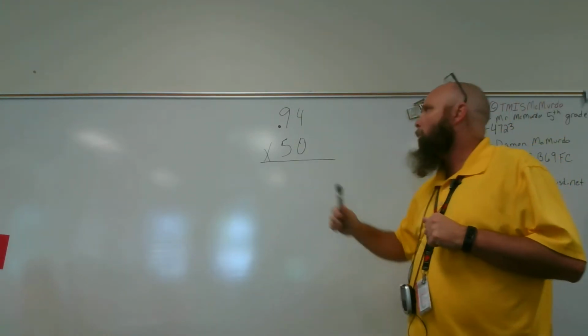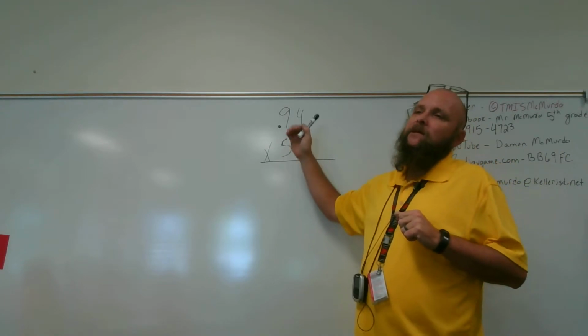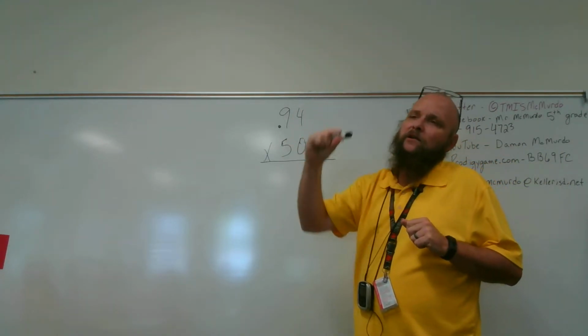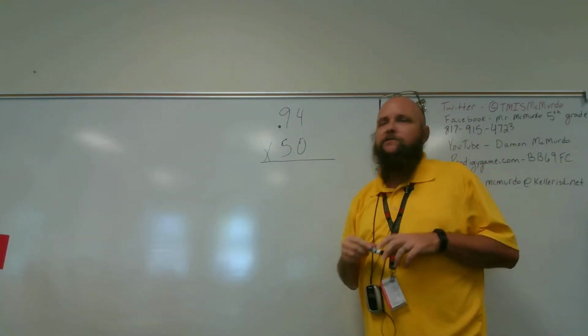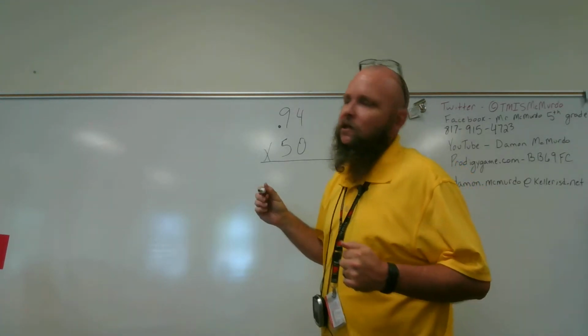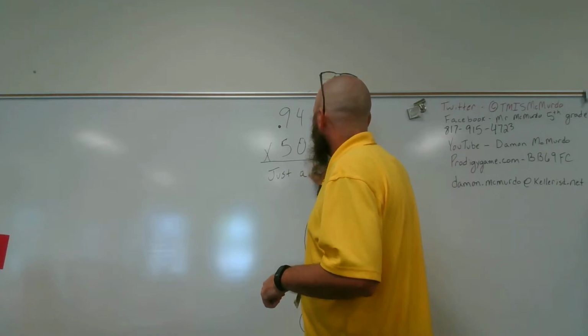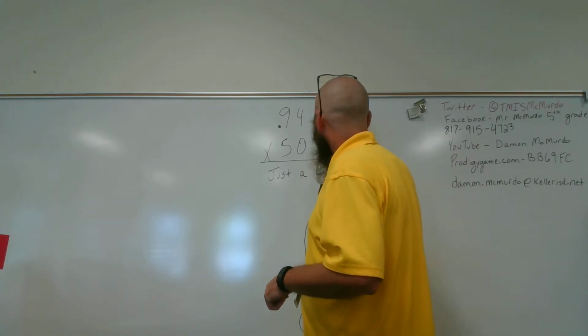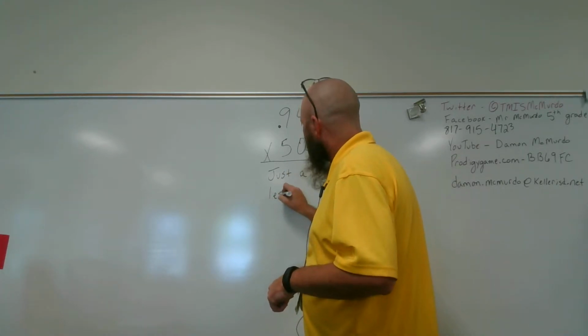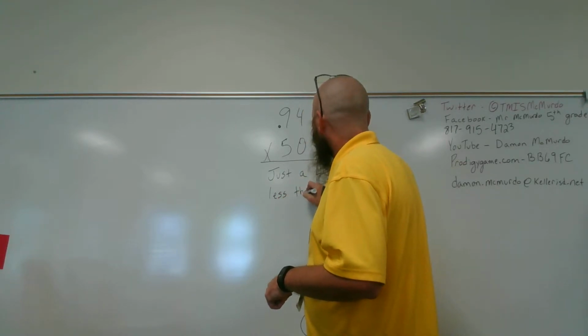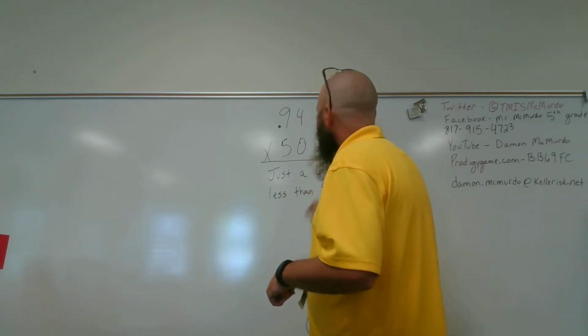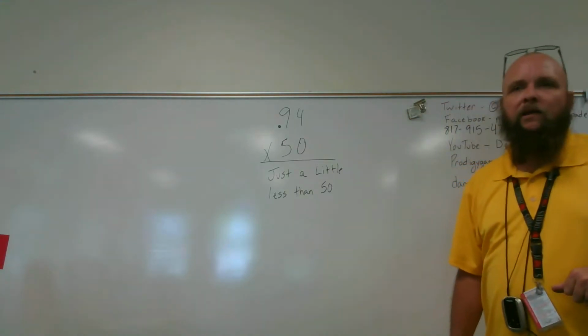So if I'm multiplying 50 by something just a little bit less than 1, my answer is going to be just a little bit less than 50.